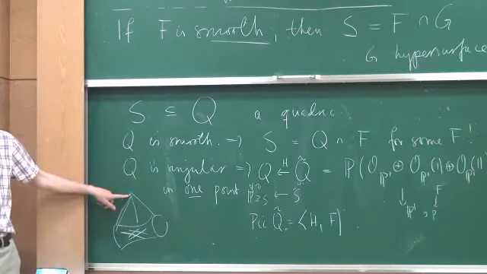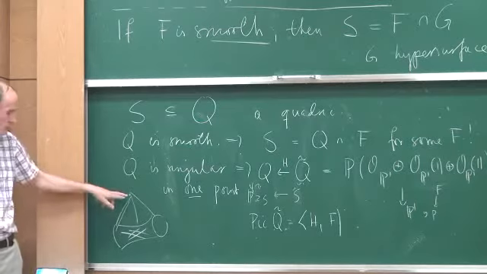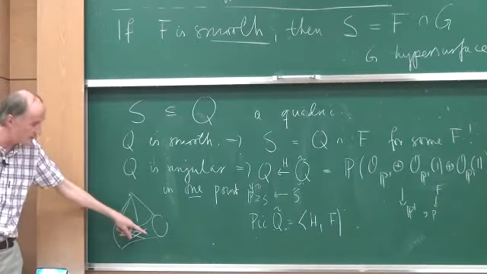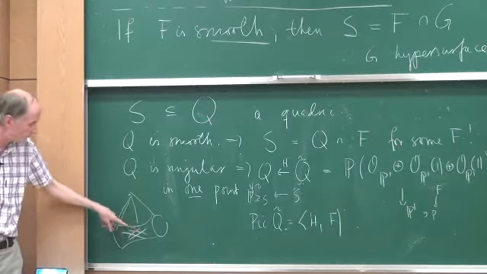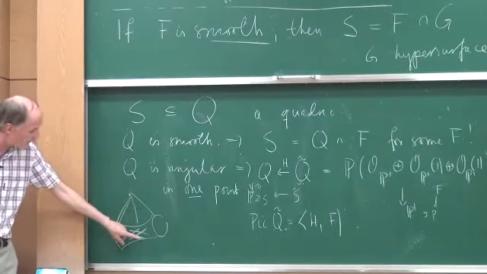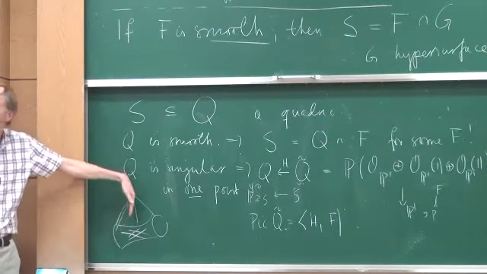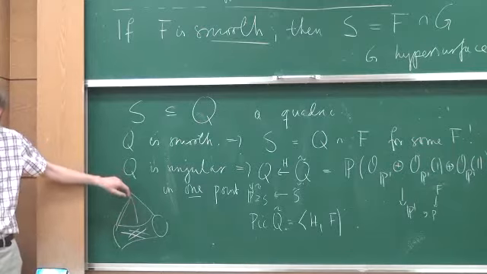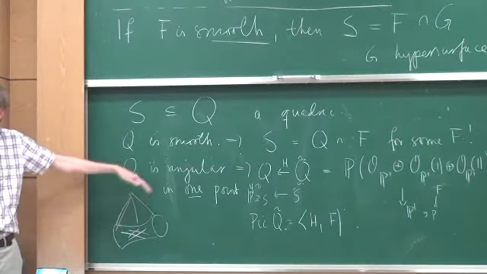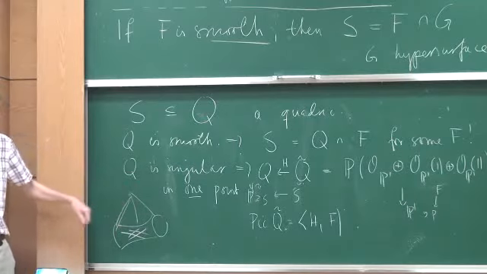Now I resolve this singularity. I don't really blow it up as a point in P4 or here. But you see, for each of these lines, you get a plane spanned by the line and the vertex point. So you have two families of planes through the vertex in this quadric, and each one of those families is parameterized by P1.